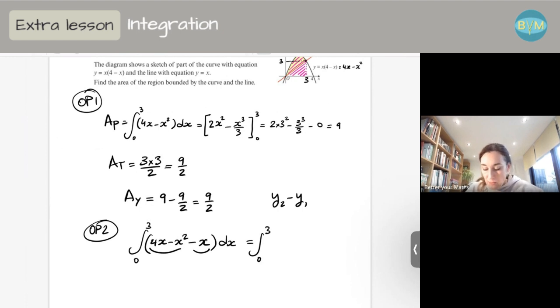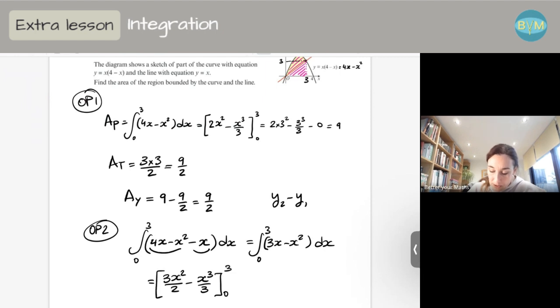We simplify: 4x minus x is 3x minus x squared. I integrate, I have 3x squared divided by 2 minus x cubed divided by 3 between 0 and 3. And when I substitute, I'm going to get the 9/2 that I got before.